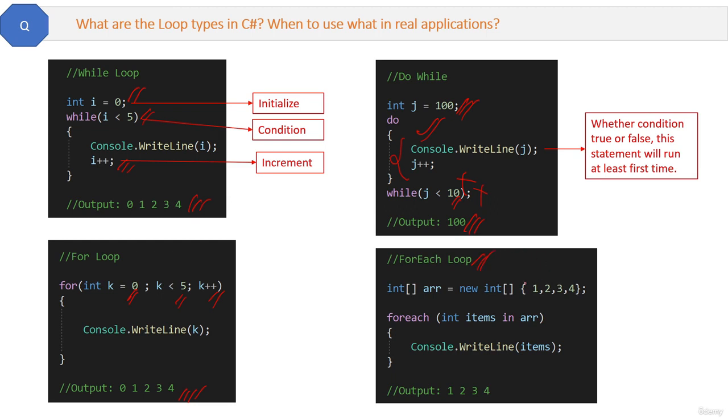This is mostly used with collections like arraylist, dictionary, that kind of collections. So suppose we have an array like this. Now we want to iterate all the elements of the array one by one. One way is to use the for or while loop, but there you have to check the count of the elements, right? The number of the elements.